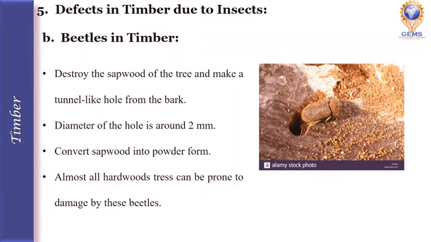Once they enter the sapwood, they convert the sapwood into powder form. Almost all hardwood trees can be prone to damage by these beetles. Whereas with termites, some of the hardwood trees cannot be attacked, but beetles can attack almost all hardwoods.